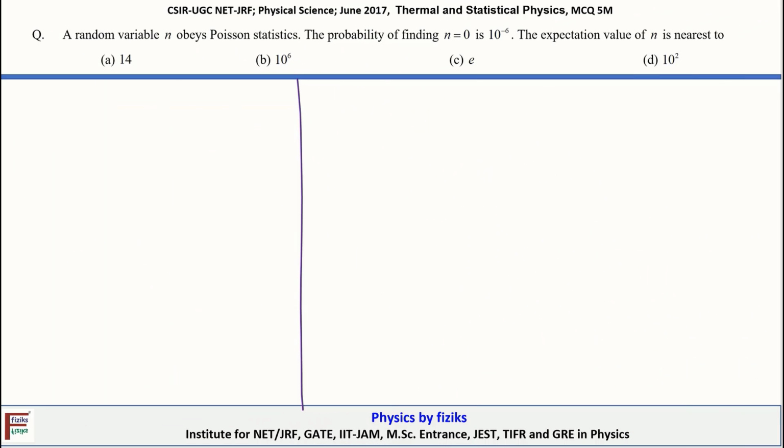So let's continue with the last question. The question is, a random variable n obeys Poisson statistics. The probability of finding n equal to 0 is 10 power minus 6. The expectation value of n is close to, so we have to find the correct option.